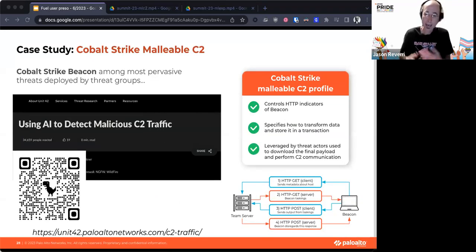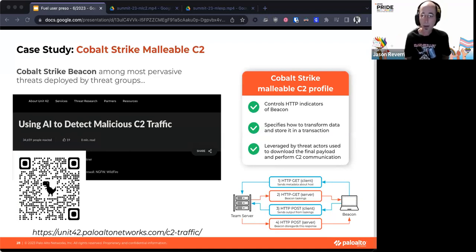So now that we understand kind of what's going on in the background for ATP's inline cloud analysis, let's look at some real world examples. So here's a really good Unit 42 write-up on some AI techniques that we use to detect evasive C2, specifically HTTP-based Cobalt Strike traffic that's leveraging a malleable C2 profile.